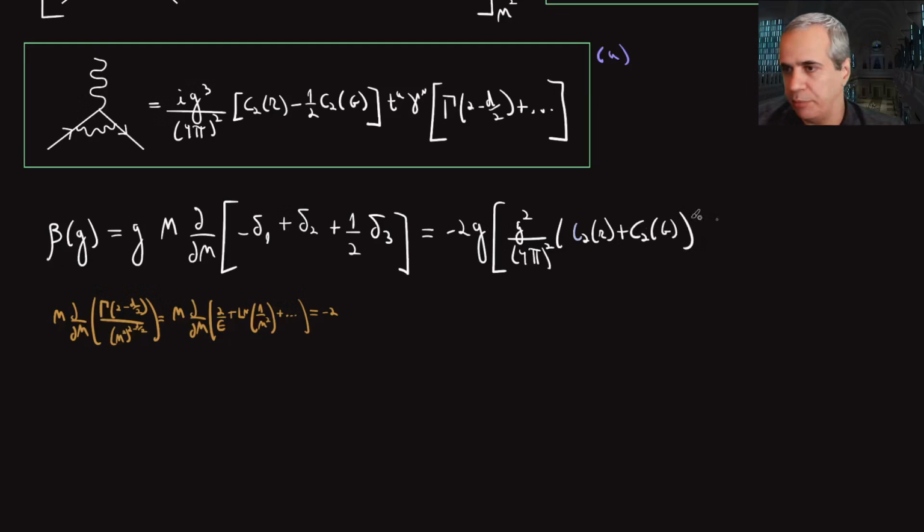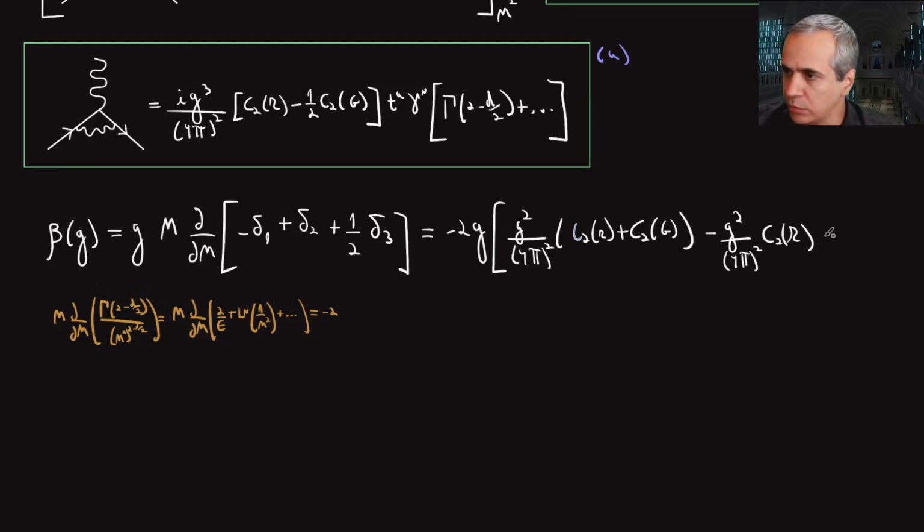Now the piece coming from delta 2, right, is just minus g squared over 4 pi squared C2R, as we calculated before. This is the contribution of the self-energy of the fermions.